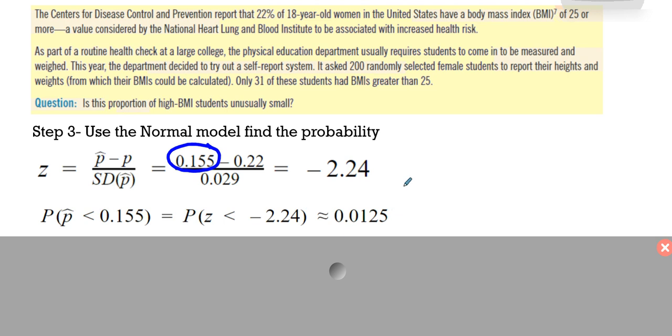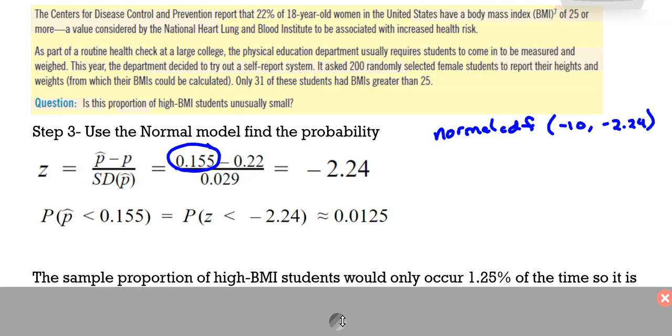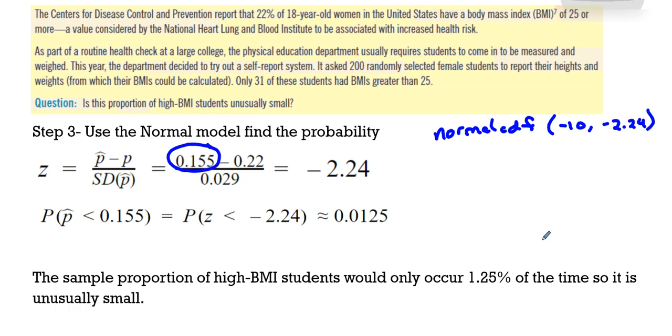We plug that into our normal CDF. It's still normal CDF, nothing fancy about that. And it's negative 10 comma negative 2.24. And that would give us 1.25%, right? So this sample proportion of high BMI students would occur only 1.25% of the time.